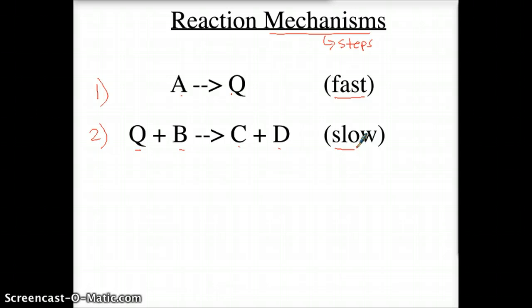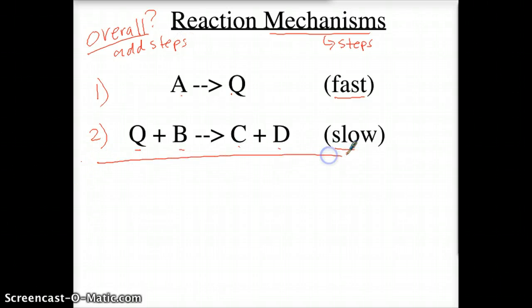There are a few things we need to know about mechanisms. Number one, if you're given the steps, how do you get the overall reaction? To get the overall, you add the steps. It's just kind of like equations. Add these steps together. So rewrite everything on each side of the arrow.